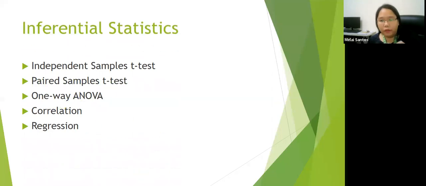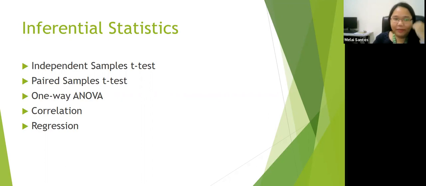Now, for the inferential statistics, these are the tests that we are going to do. We'll do 3 today: the independent samples t-test, paired samples t-test, and one-way ANOVA. The correlation and the regression, we'll do live because I want you to compute it manually.